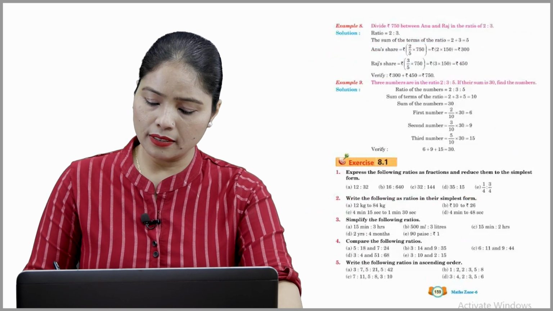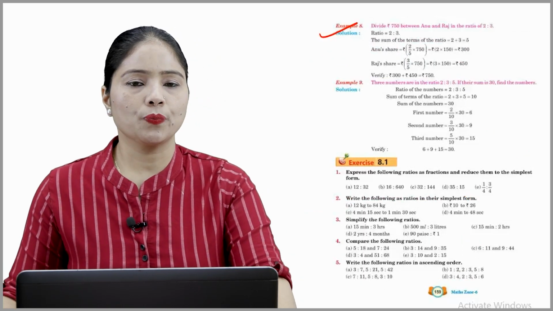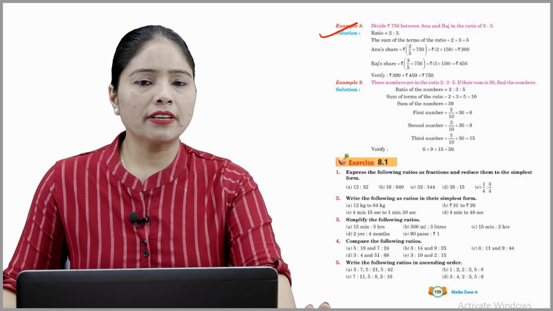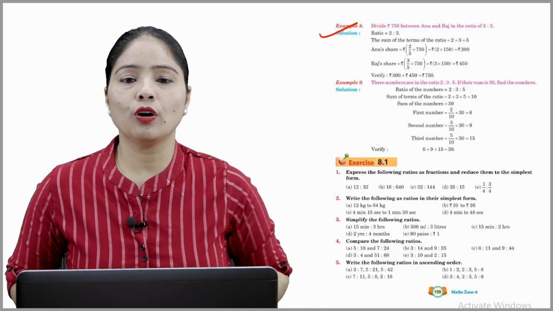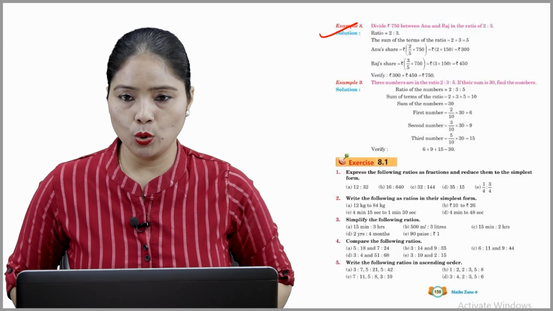Now move on beta. Next example 8. Divide 750 between Anu and Rai in the ratio of 2:3.